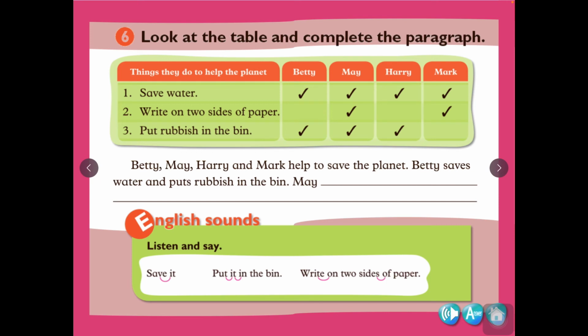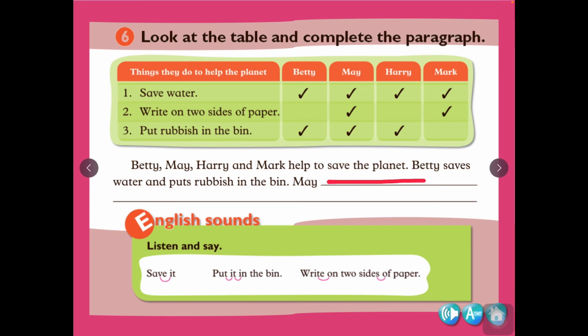You are going to write a paragraph like this. Betty, May, Harry, and Mark help to save the planet. Betty saves water and puts rubbish in the bin. May, what does May do? Look at May. May saves water, writes on 2 sides of paper, and puts rubbish in the bin.